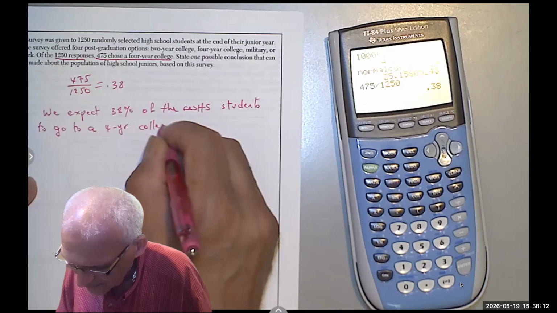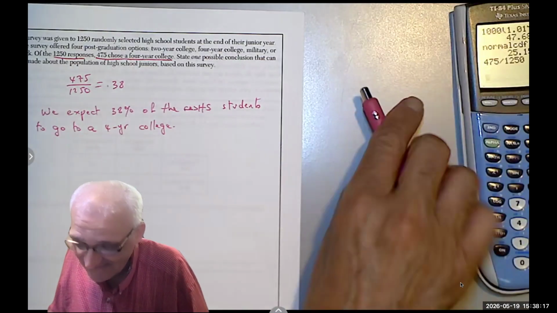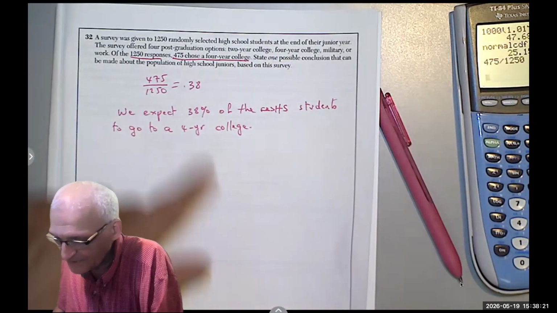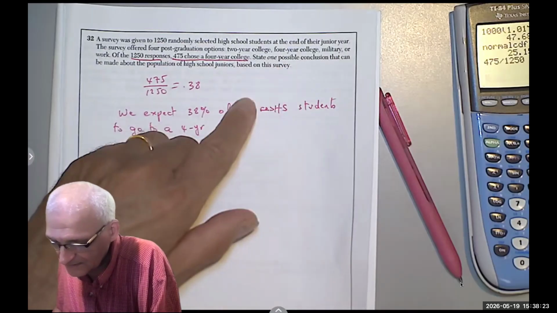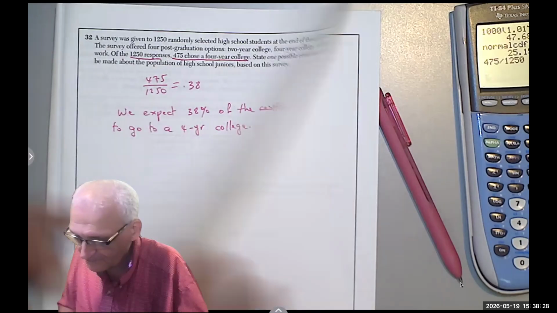Well, I don't know what they want, but it seems ridiculous, but anyway. Okay, 38% is the percent because they say about the population.